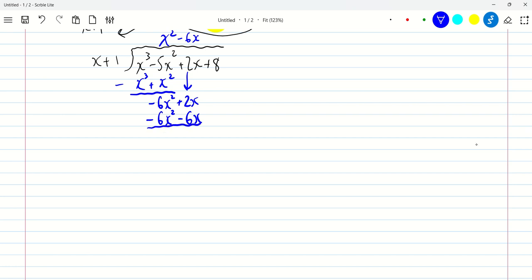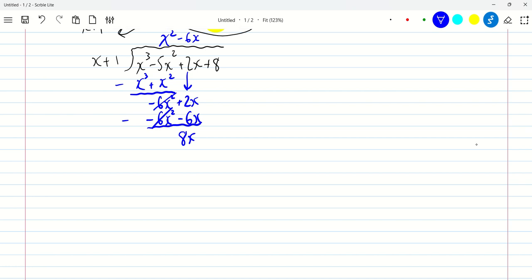And then we do a subtraction. Those first two cancel out, they're the same thing. And then remember subtracting: 2x take away negative 6x is going to be positive 8x, because we get a double negative. So we're subtracting, 2x take away negative 6x is positive 8x. Great. That's the second iteration done.